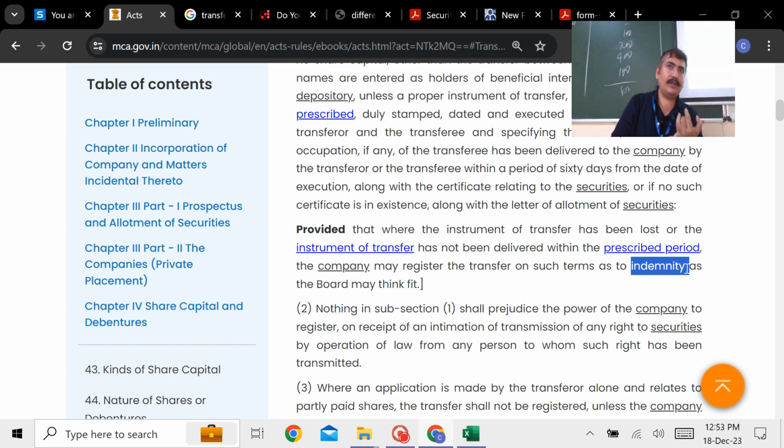Your images. I think that your case is genuine. Actually the transfer happened but the instrument is lost, I will allow. But let's say in future if the company suffers any loss because of this drama, you have to compensate, and you have to get it signed from the party who is claiming this. Am I clear? This is called indemnity.